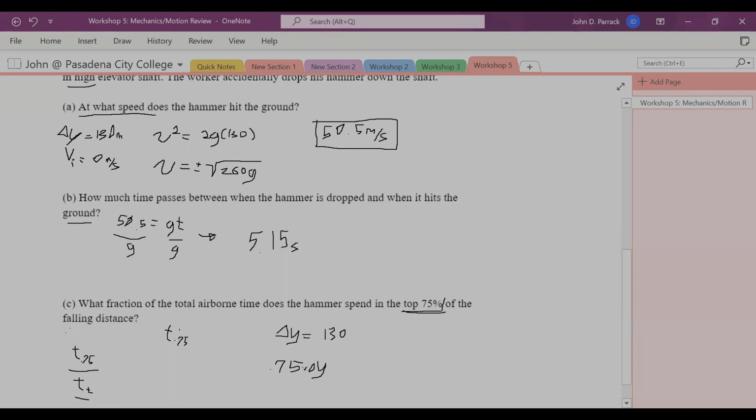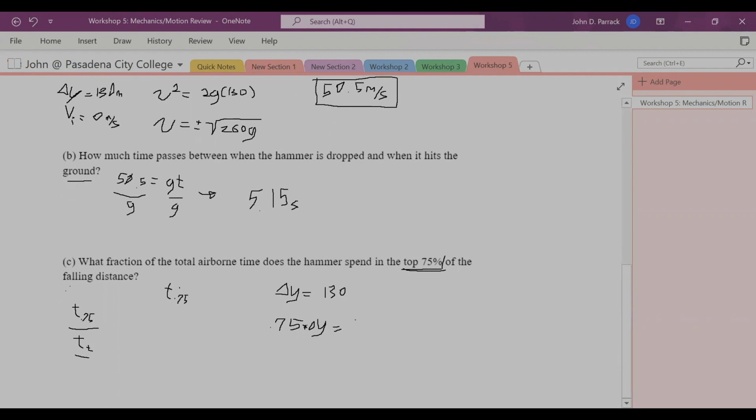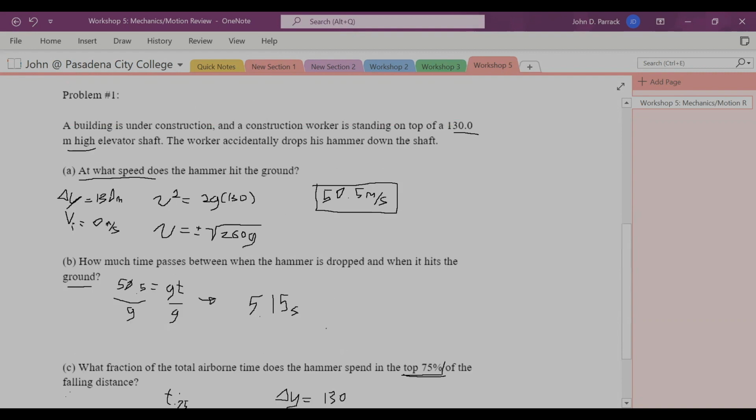Let me do a little multiplication. Sorry for my ugly handwriting, guys. I usually work on paper. 0.75 times 130 meters is going to be 97.5 meters. So now we're just asking, how long does it take to fall 97.5 meters?